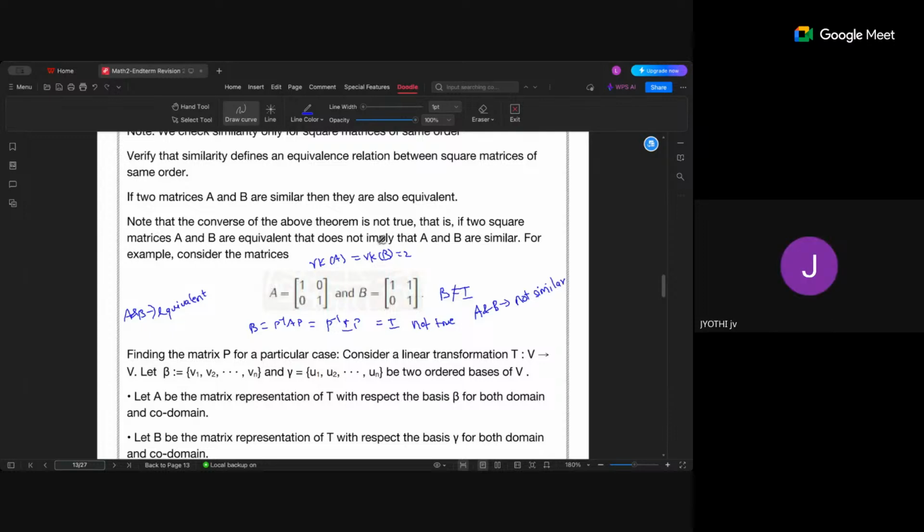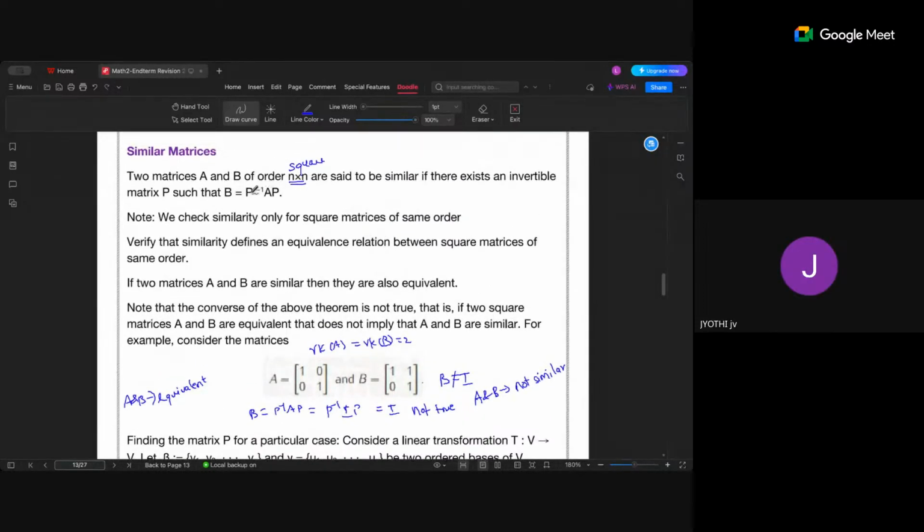Yes. And here we are saying P inverse AP. Yes, here that is also invertibility, because only when P is invertible does P inverse make sense. So it is the same matrix we are considering here in similarity, whereas in equivalence Q and P are different matrices. Yes, okay.